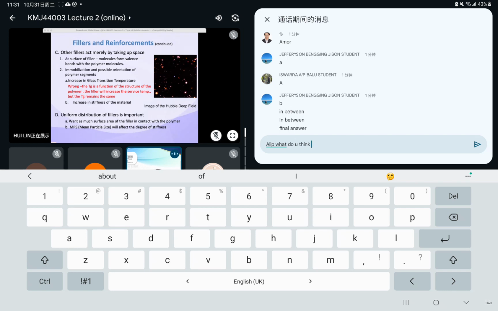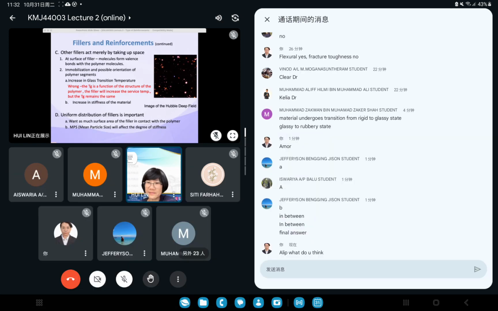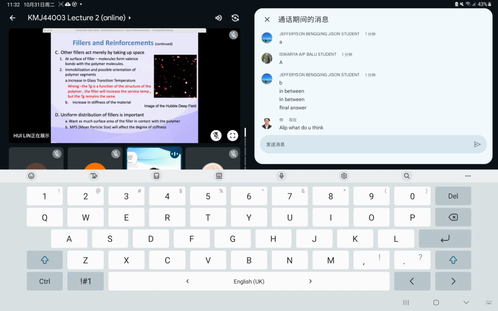A, amorphous, B, crystalline. I want to wait for others to answer. It is okay if it is wrong. Alip, what do you think? Alip, you are quite passive nowadays. Before that, when I met you, you were quite active in the class. So what happened to you? Or you are not listening. Perhaps you went somewhere else. I'm not sure.